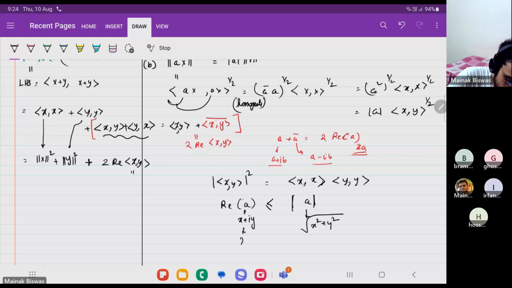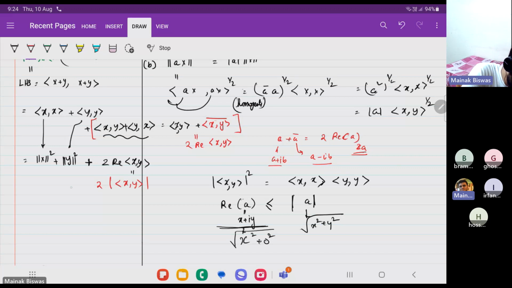It's a sum of two squares. So the sum of two squares is always greater than the single square. Yes or no? Others? Good. So I'll replace this as.